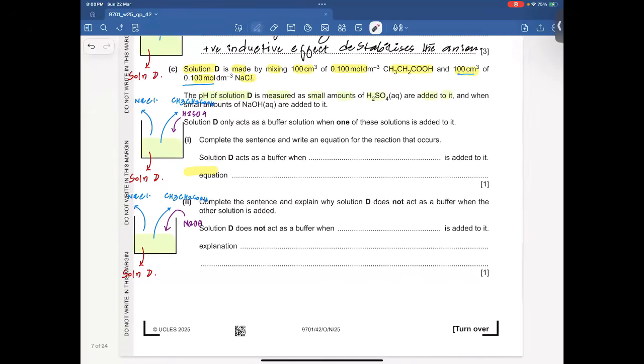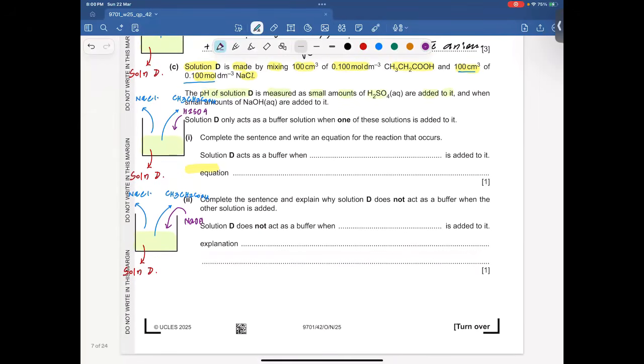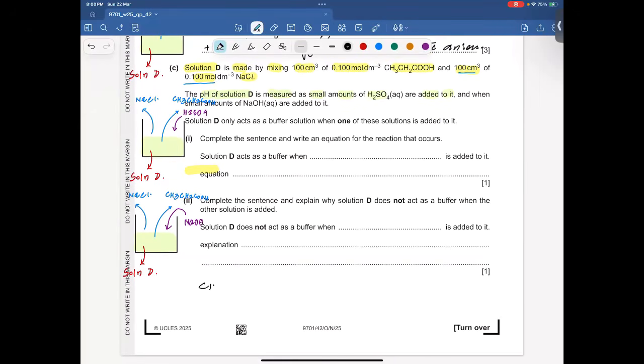Let me show you the equation. When propanoic acid reacts with NaOH, it is going to be an acid-base reaction, and as a result, you will get sodium propanoate and water. So technically, it is your salt of carboxylic acid.